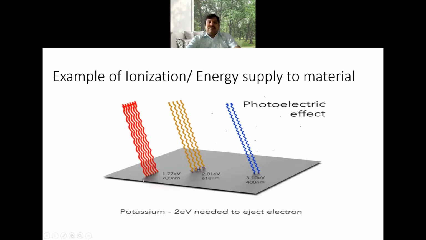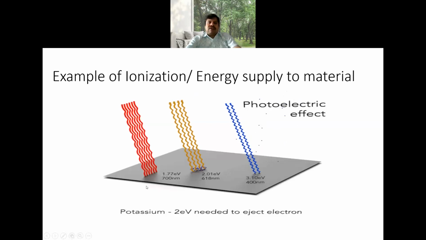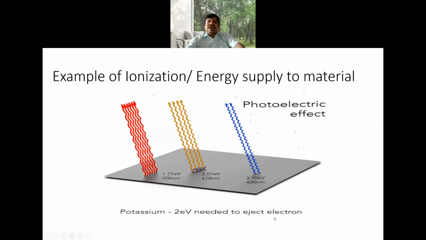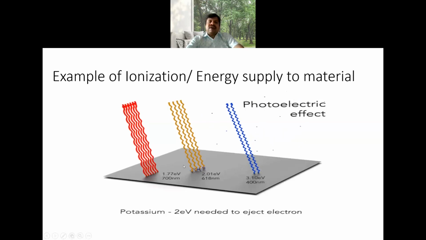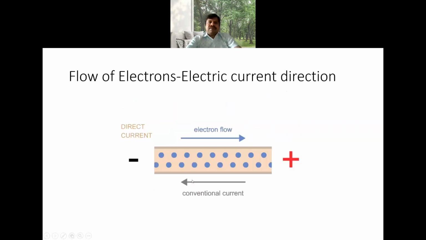In this particular animation, potassium is taken. For potassium, 2 electron volts of energy is needed to eject 1 electron. That is, the ionization energy is 2 electron volts.